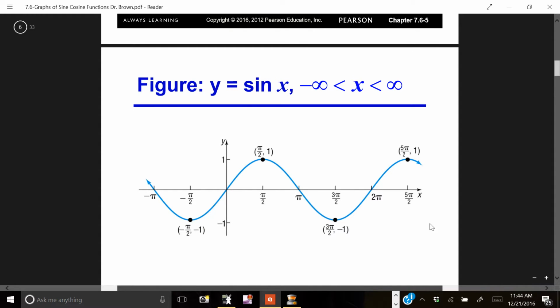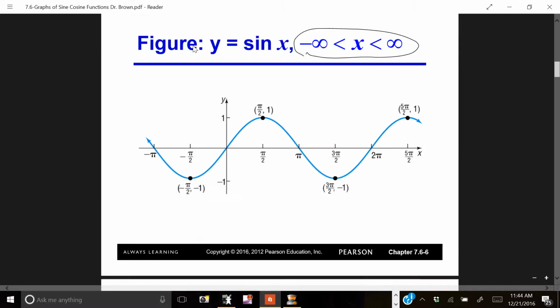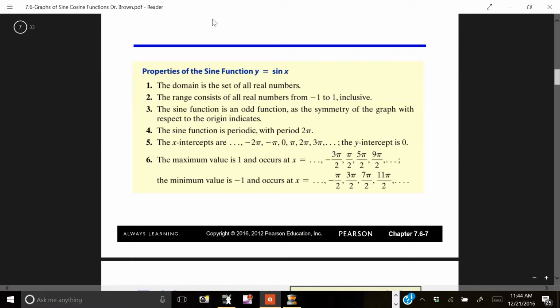So the domain of the sine function is x from -infinity to +infinity. And you can see its range is from -1 to +1. So here's a summary of characteristics of the sine function.